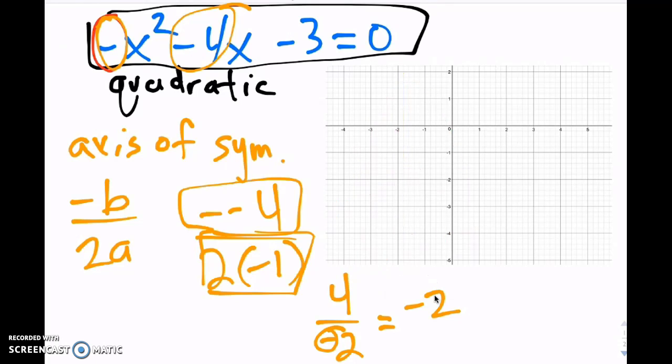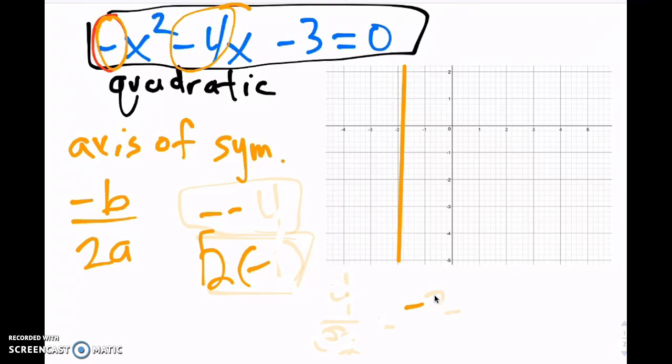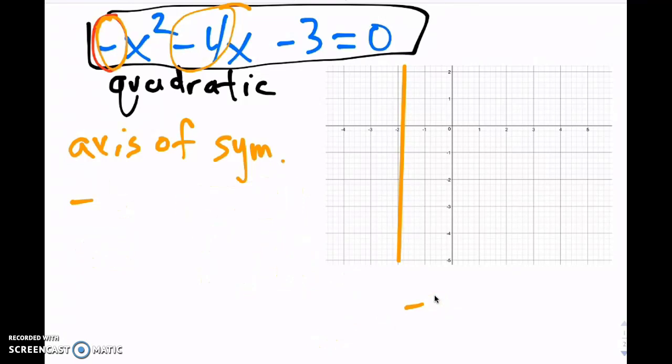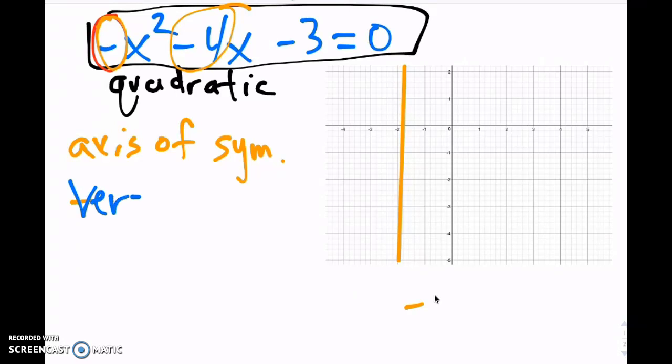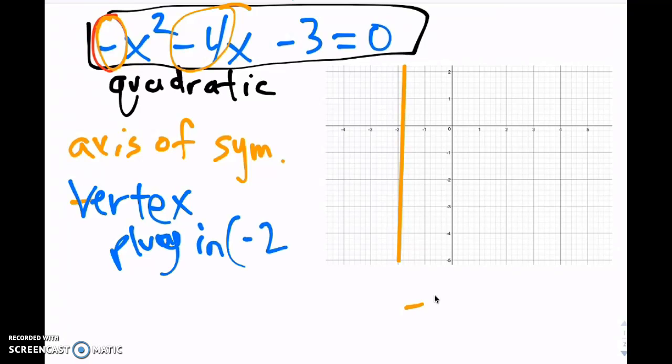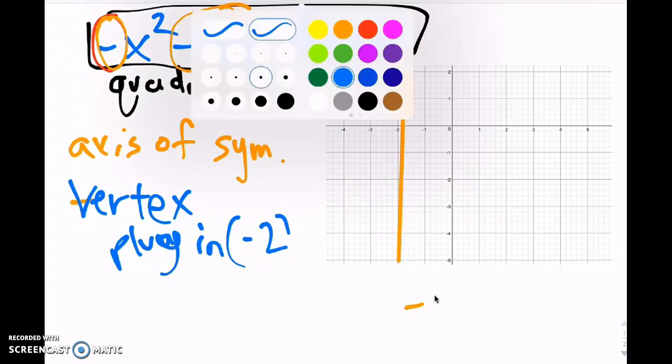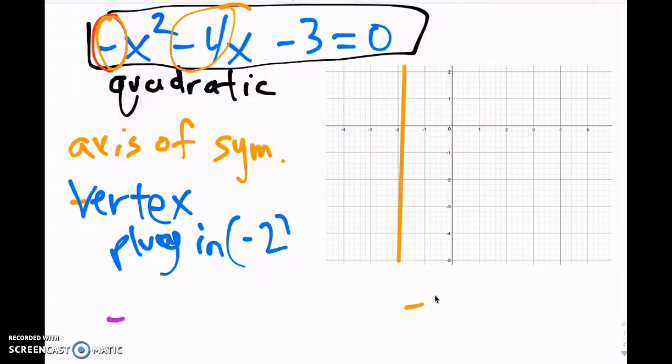Now, our second step here, oops, gotta redraw my axis. Now that we know our axis of symmetry, we've got to actually find our vertex, which is actually pretty simple. To find the vertex, we plug in our axis of symmetry. So we're going to plug negative 2 into our equation. I haven't done this yet, so it might be kind of complicated. We have negative 2 squared, right?